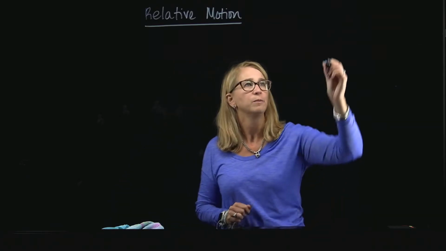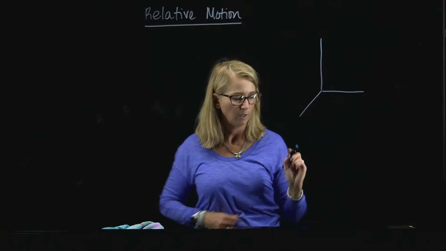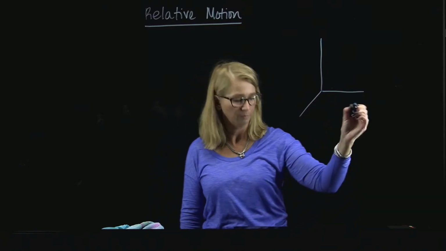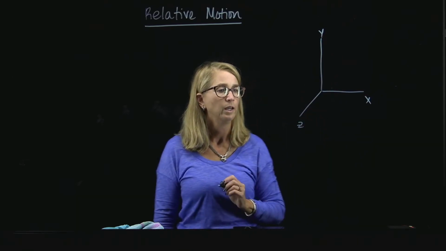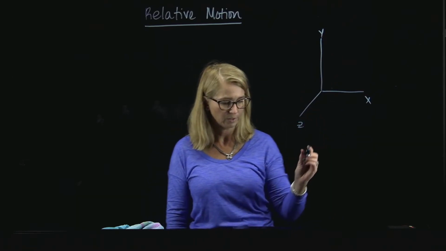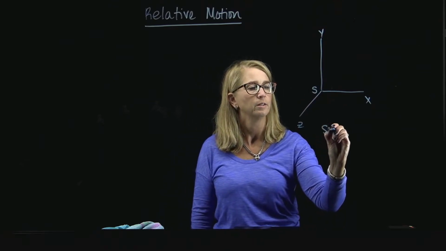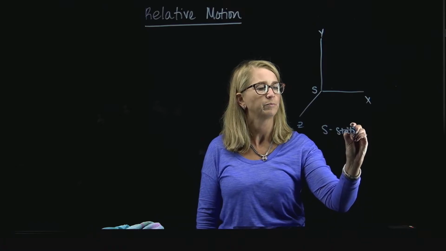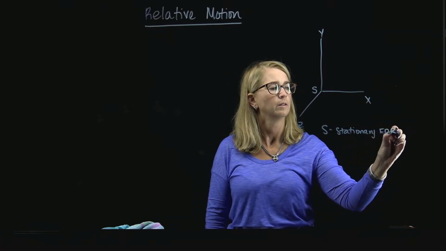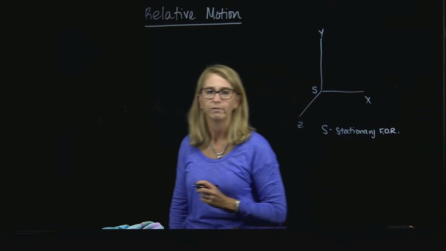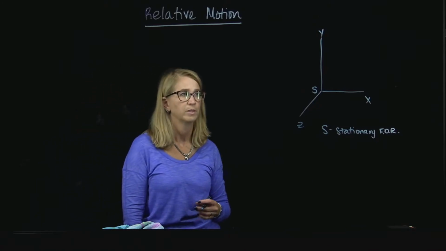So imagine that I have a coordinate system here, an x and a y and a z, and I'm going to call this coordinate system S. S is a stationary frame of reference. So I use that abbreviation frame of reference because it's a lot to write.